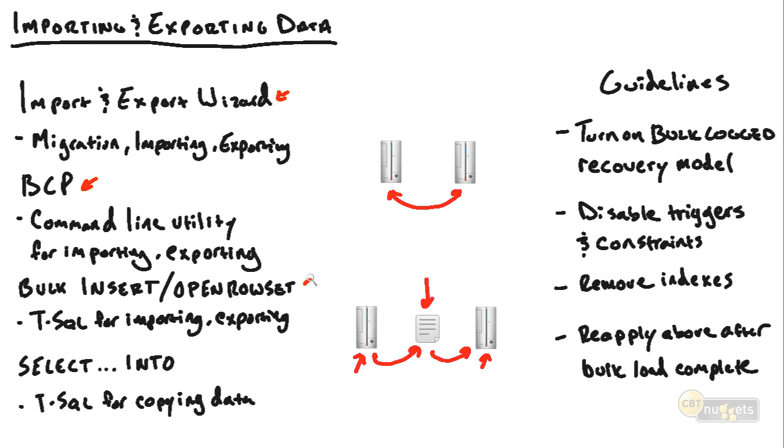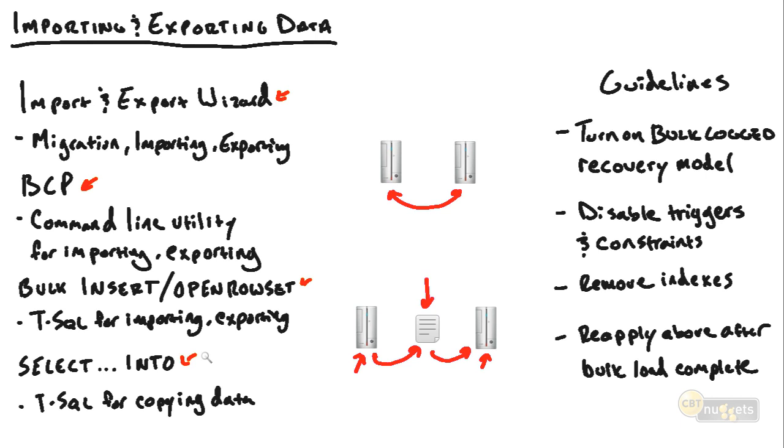We also have BULK INSERT and OPENROWSET, a couple of Transact-SQL statements that we can use to bulk load data, to bring in data from an outside source, an outside file. And I'll actually show you how to use BULK INSERT with a format file that we generate with BCP, so you can see how that process works. And at the end here, we'll take a look at SELECT INTO, just really a super handy utility statement that we can use to copy data from one table to another table.